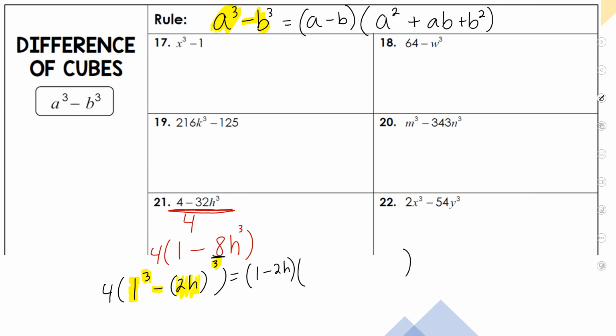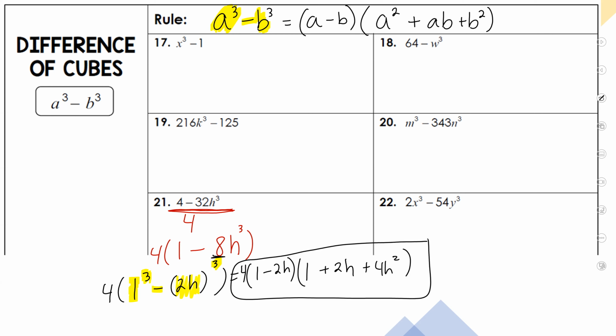A squared, well, that's just 1 squared, so that's 1, plus AB. A is 1, B is 2H, so this will just be 2H. And then B squared. 2H squared is 4H squared. So this is my answer, but don't forget that 4 on the outside. You have to put that GCF on the outside.